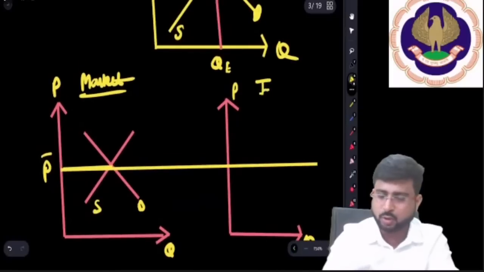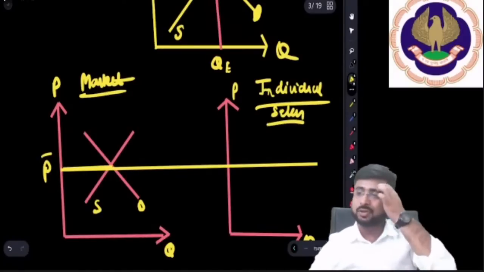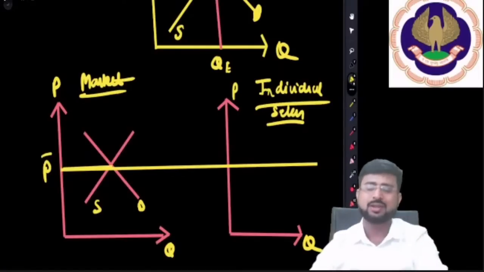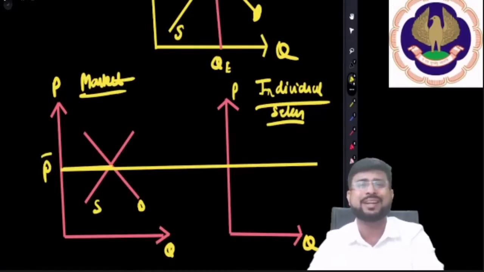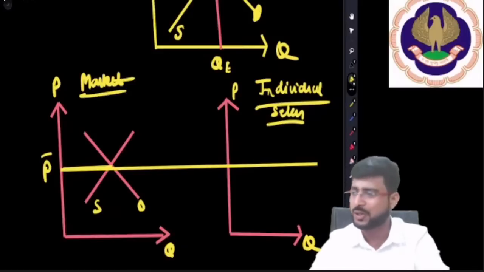Here we are talking about the individual seller. That's why we say firms are price takers, not price makers, because they are dependent on the market-determined price. They are not choosing their own price as such. This is the characteristic of a perfectly competitive market.